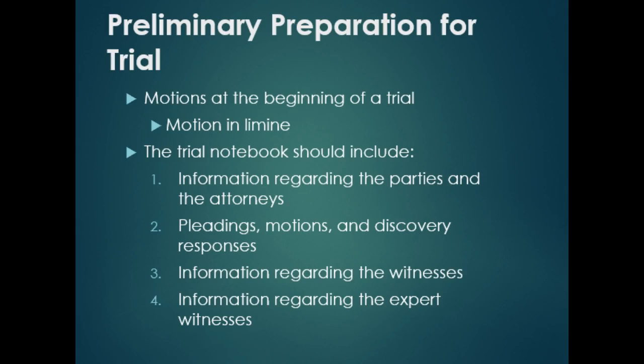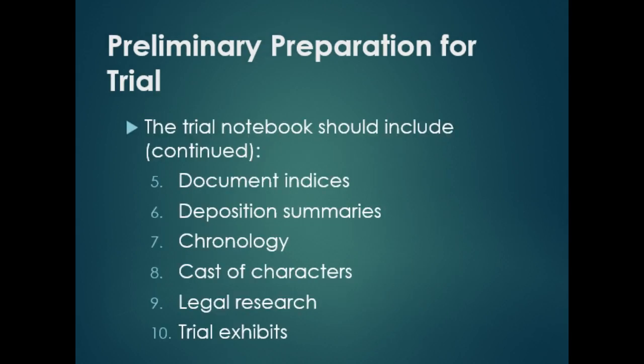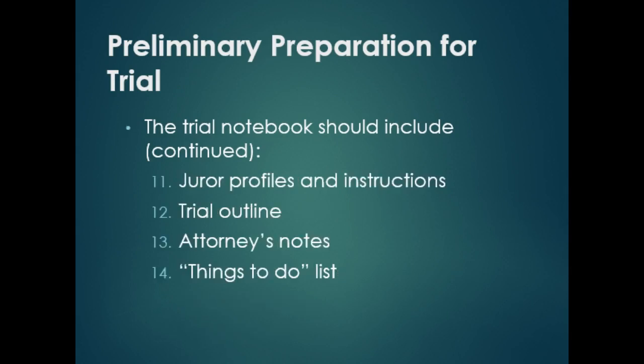However, most trial notebooks include the following basic sections: information regarding the parties and the attorneys, pleadings, motions, and discovery responses, information regarding the witnesses, information regarding the expert witnesses, document indices, deposition summaries, chronologies, a cast of characters, legal research, trial exhibits, juror profiles and instructions, a trial outline, attorney's notes, and a list of things to do.